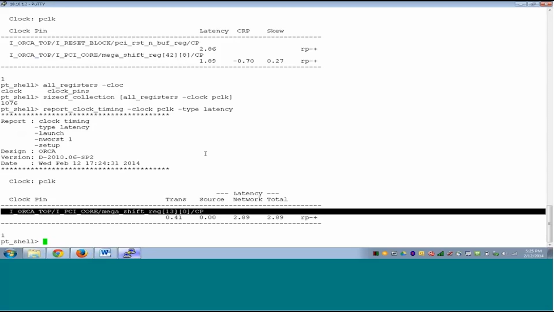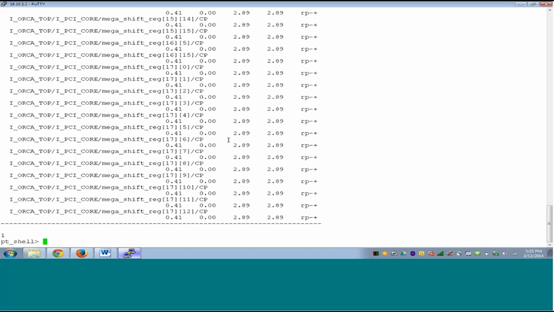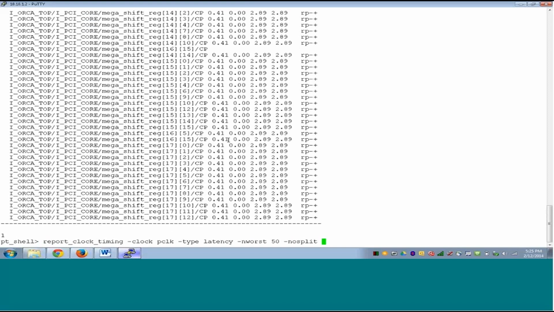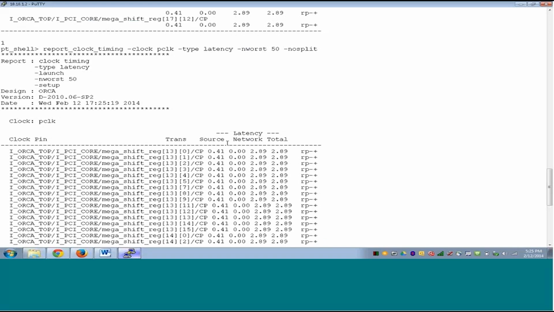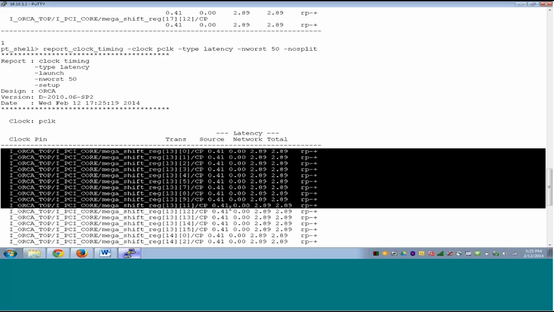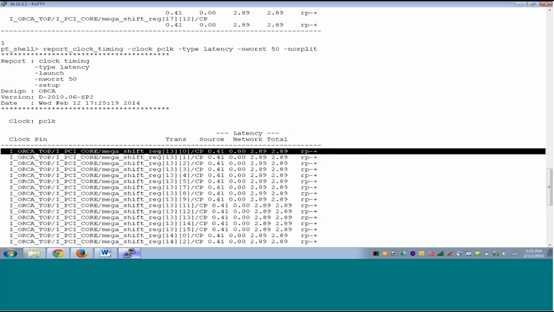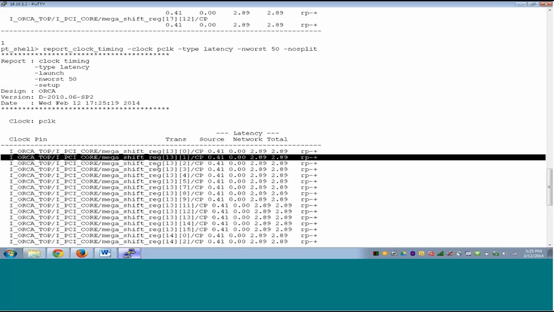On the skew part, if you give minus nworst, let's say 50, and I'll give minus nosplit. Among all the 1076 clock pins, it will list down the latency in decreasing order. The clocks with the worst latency figure will come at the top, and it will keep on decreasing.